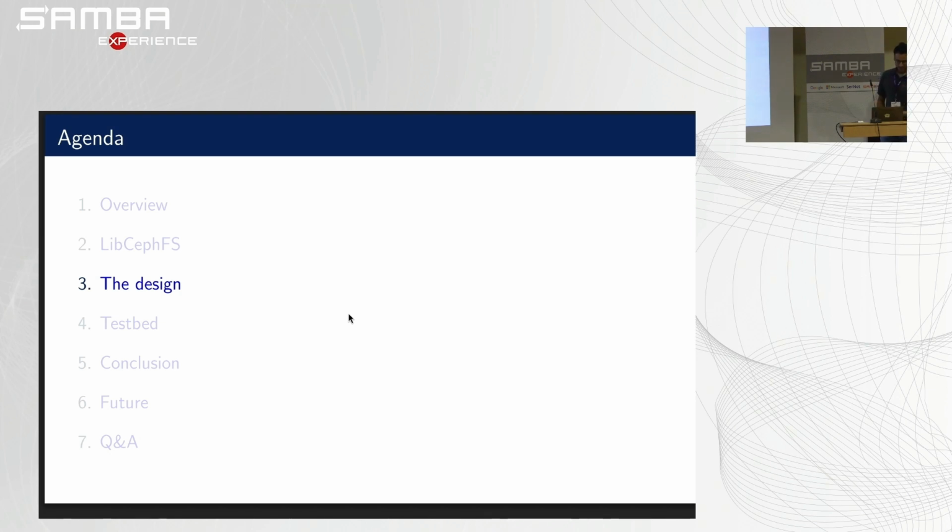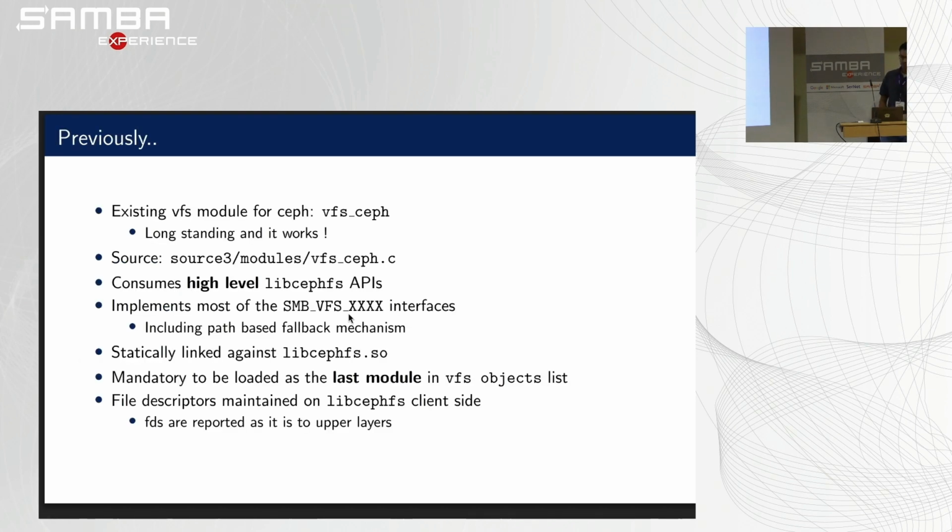So let's come to the design part of the new module itself. As I mentioned earlier, we have an existing module called vfs_ceph under source3/modules. It consumes all the required high-level APIs from the libcephfs side.